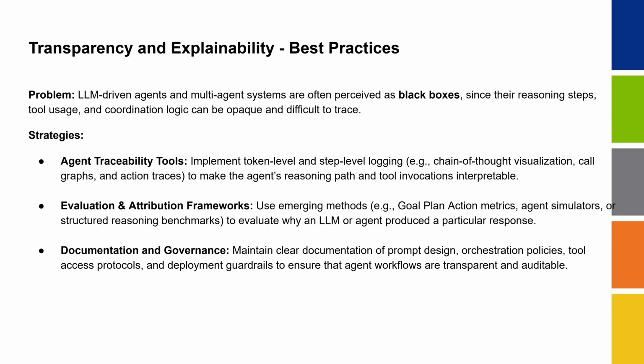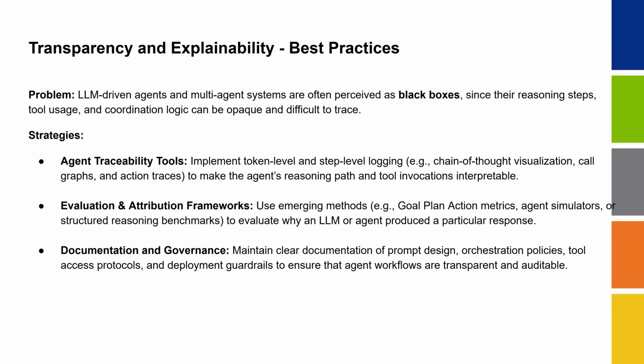So these are certain best practices for transparency and explainability. The problem is that LLM-driven agents and multi-agent systems are often perceived as black boxes, since their reasoning steps, tool usage, and coordination logic can be opaque and difficult to trace. We have Hongbo's demo, which talks about this problem in a certain dimension.